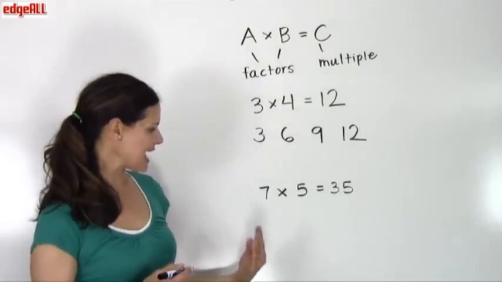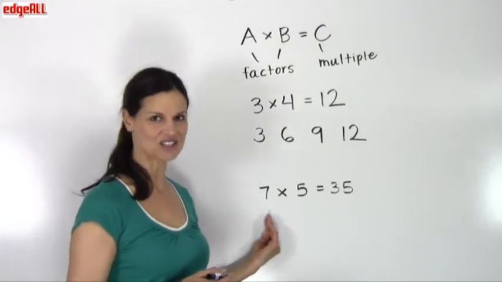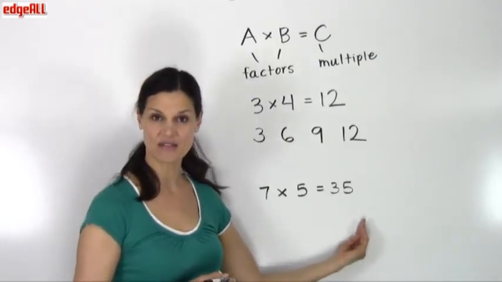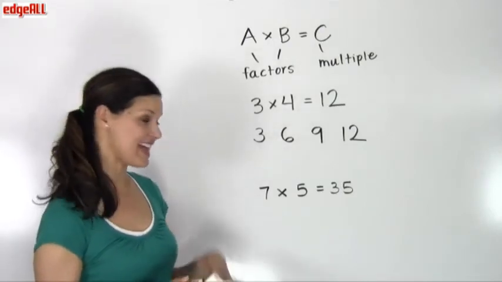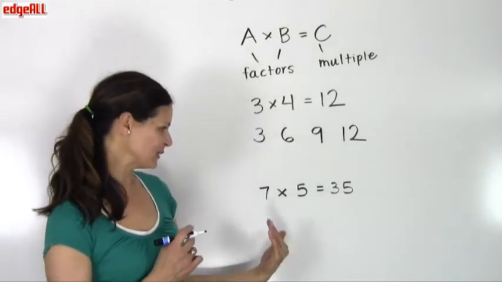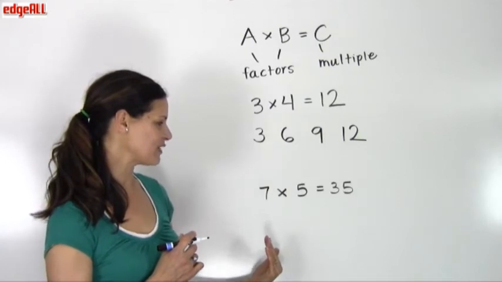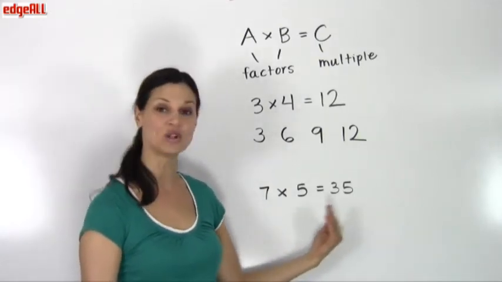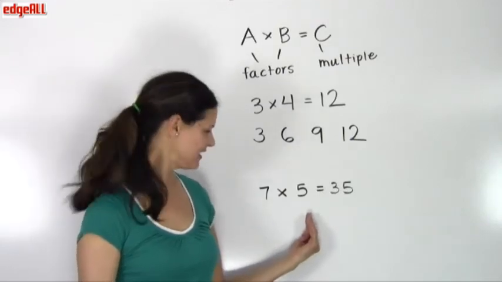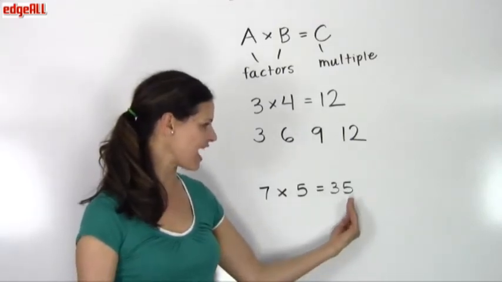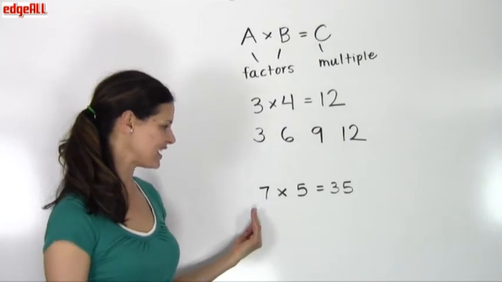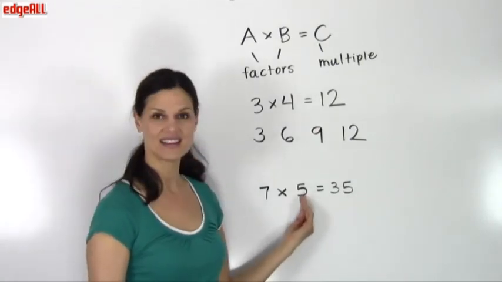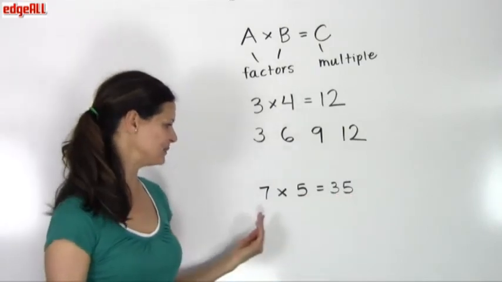So we would say that 7 is a factor of 35, and 5 is a factor of 35. And then the multiples, using the 35 as a multiple, I would say 35 is a multiple of 5. And similarly, 35 is a multiple of 7. 35 is divisible by 5, and 35 is divisible by 7.